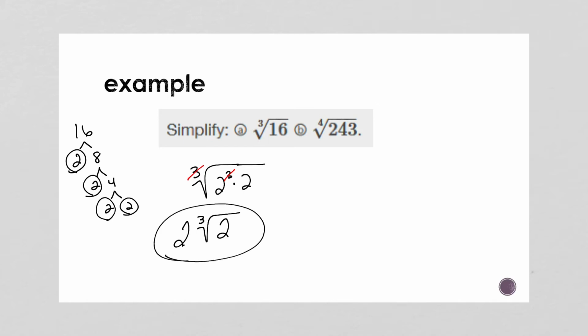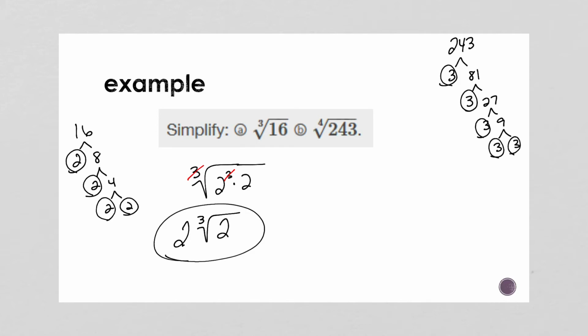All right, let's try that with 243 though. Let's see here. I know 3 will go in that. So 243 divided by 3, 81. And then I've got 3 times 27, I believe. Yeah. And then I've got 3 times 9, and then I've got 3 times 3.